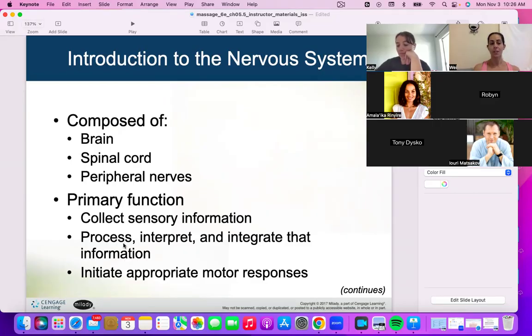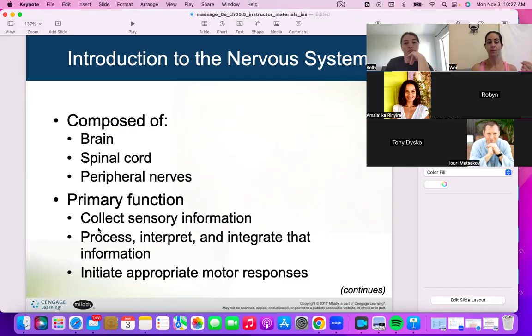So the primary function, it's going to process the information. It's going to interpret the information to see what the brain is going to do with it. And then it's going to integrate that information and send out the command of what needs to happen. Everything that happens is collected through sensory, and it gets sent out as a motor response.